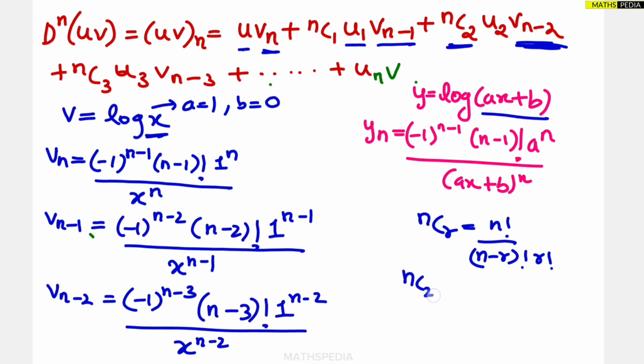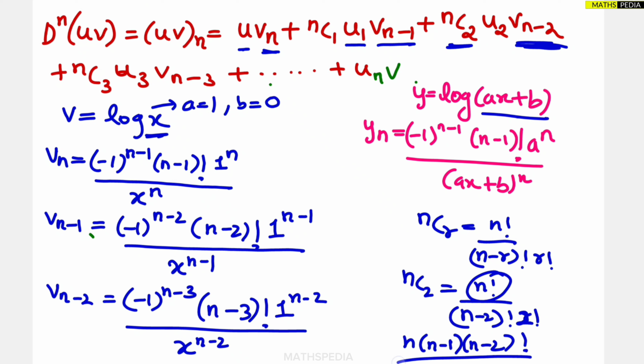So nC2 is n factorial by n minus 2 factorial into 2 factorial, which is 2 into 1, which is 2. So n factorial can be rewritten as n into n minus 1 into n minus 2 factorial, divided by n minus 2 factorial into 2.